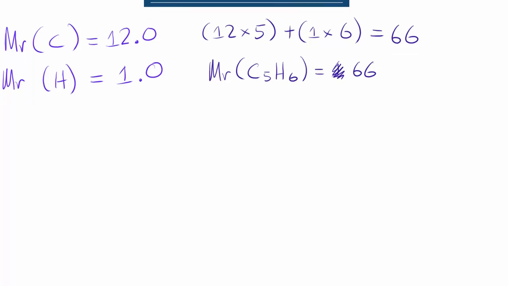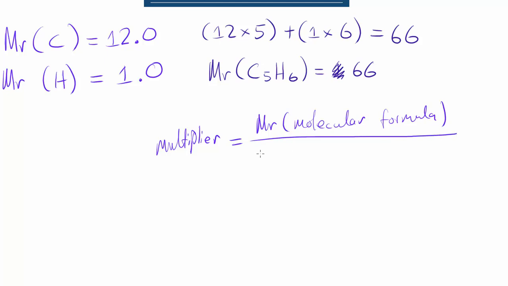So the next step is to articulate first the formula that I'm going to be relying on. Part of all of this process right now is figuring out first of all the multiplier. So the multiplier here is going to be the molar mass of the molecular formula divided by the molar mass of the empirical formula.